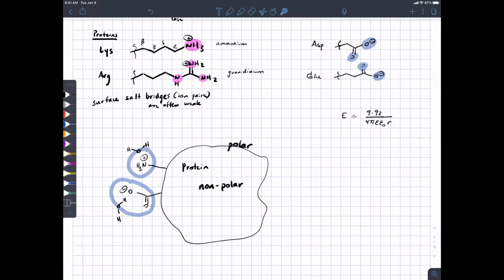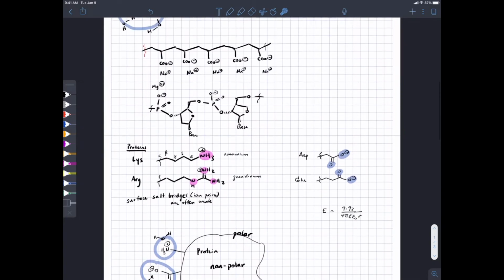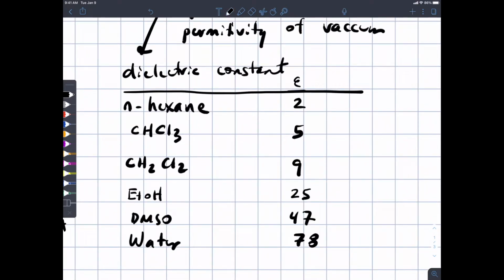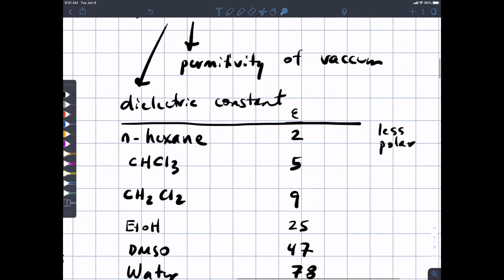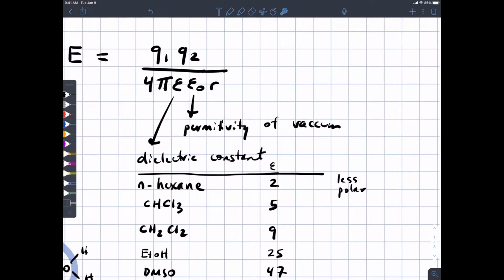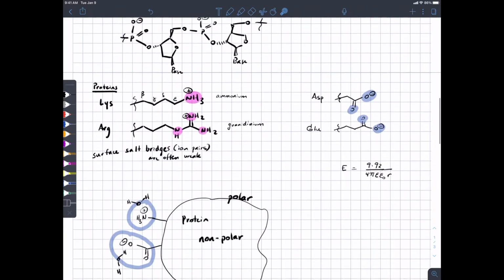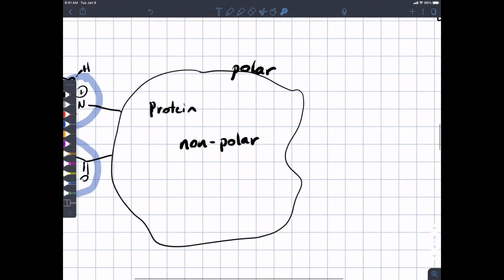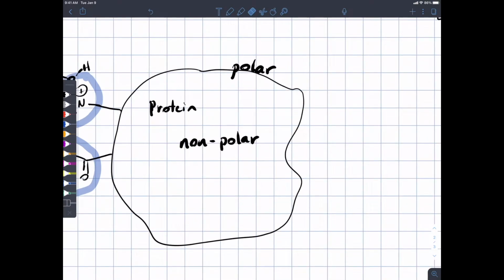But what do we know about nonpolar groups? Well, let's go back to our list of dielectric constants. If you get less polar, your dielectric constant goes down and the strength of your interaction goes up. So you might predict that salt bridges in the interior of a protein might be quite strong, and that in fact is often the case.